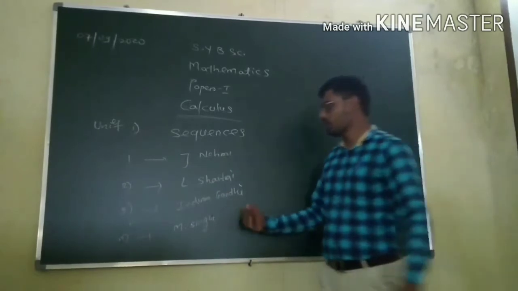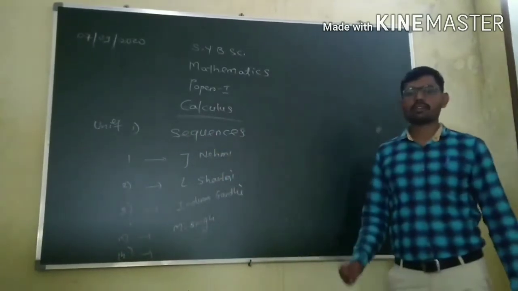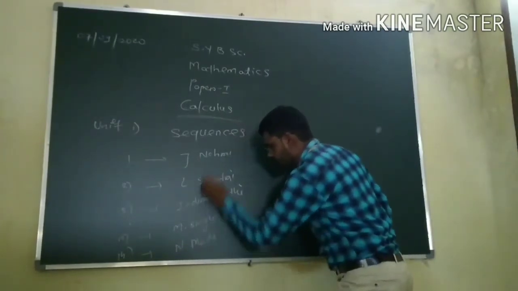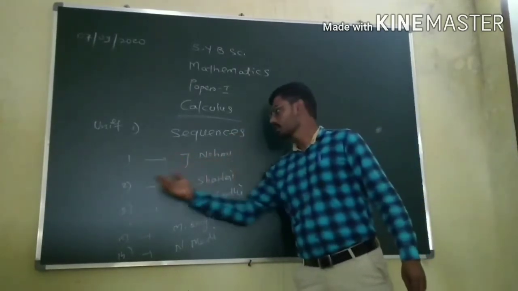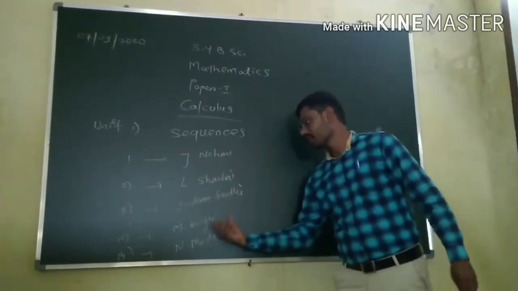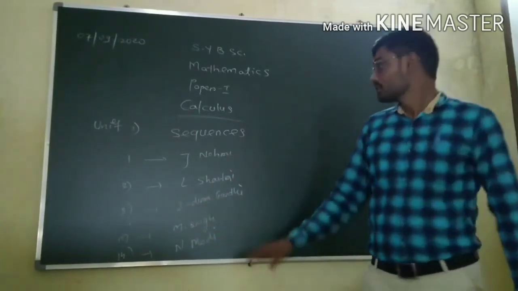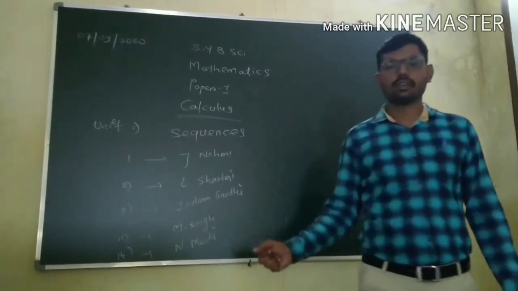And from 2014, Narendra Modi is the Prime Minister of India. Okay. So, what is this? First Nehru, second Shastri, third Indira Gandhi, then so on, and last Narendra Modi. This is the sequence of Prime Ministers of India from independence. Okay.